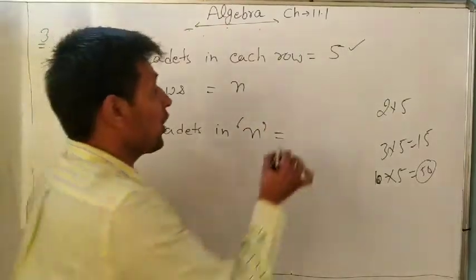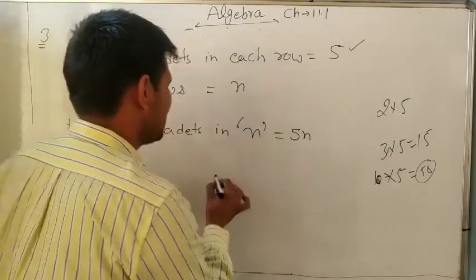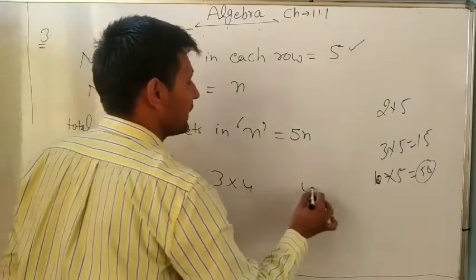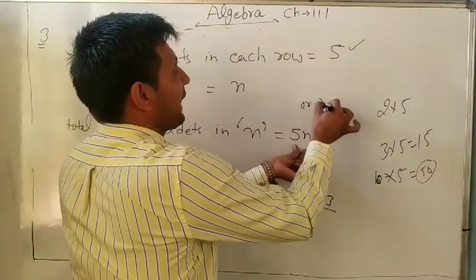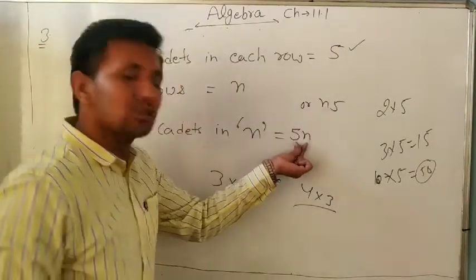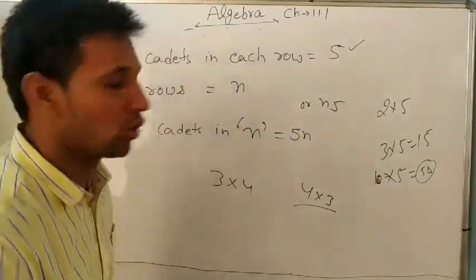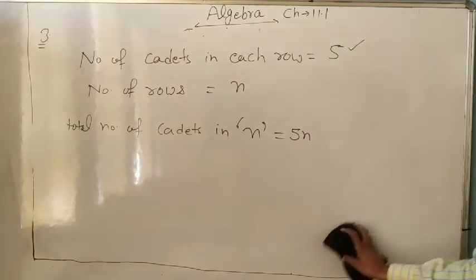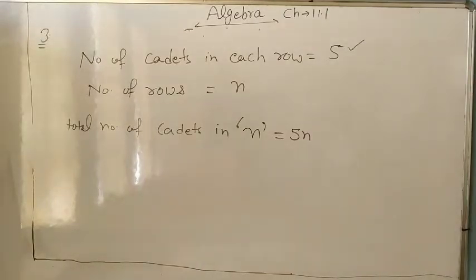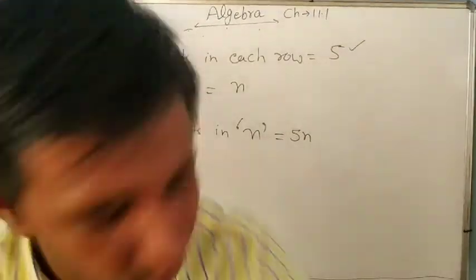If in n rows, n into 5, so 5 into n. Whether you write 3 into 4 or 4 into 3, both are the same, but 5 into n looks better. So the total number of cadets is 5n. It is the same in question number 4 also, beta.